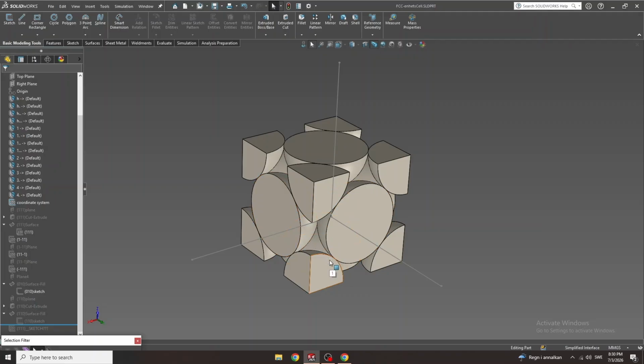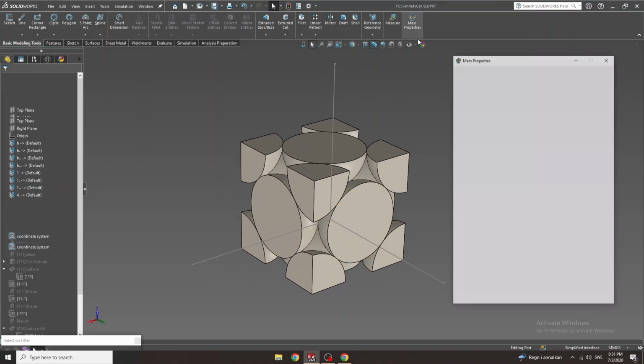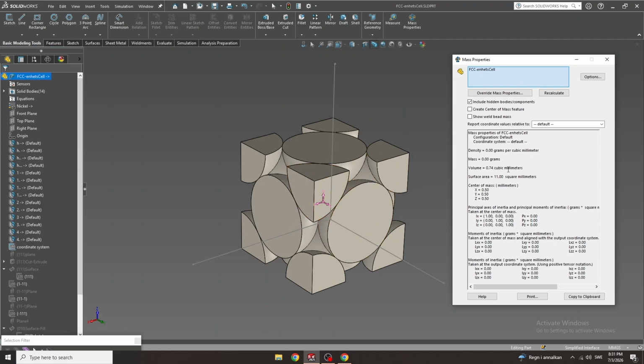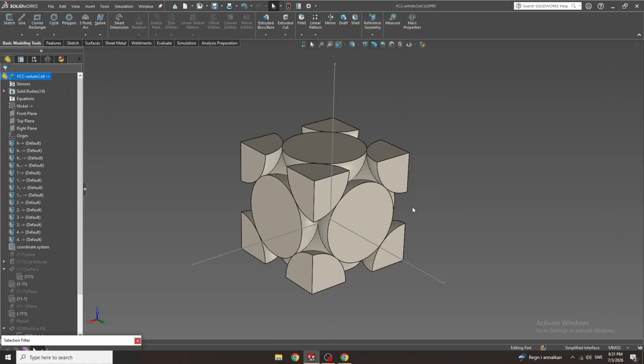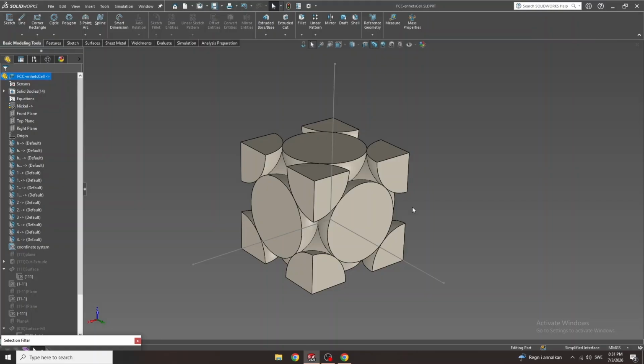If you look at the volume for all of the atoms here, the volume is 0.74. So if you divide the volume of the atoms by the volume of the cube, we get the atomic packing factor, which is 74%.